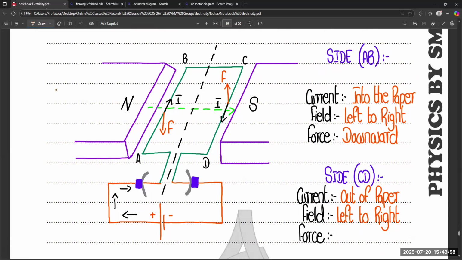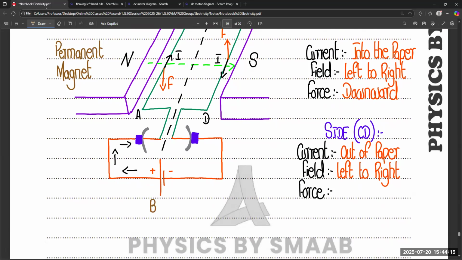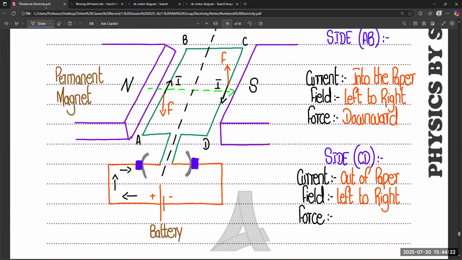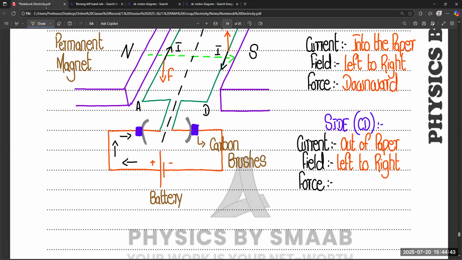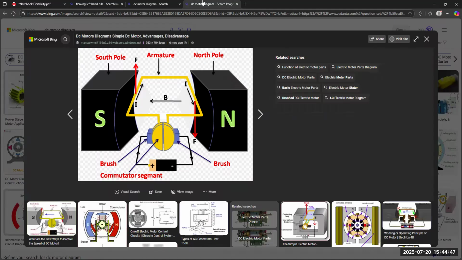we have a permanent magnet, then we have a battery, and these blue markers are carbon brushes, and this gray color shows you that ring, the commutator.